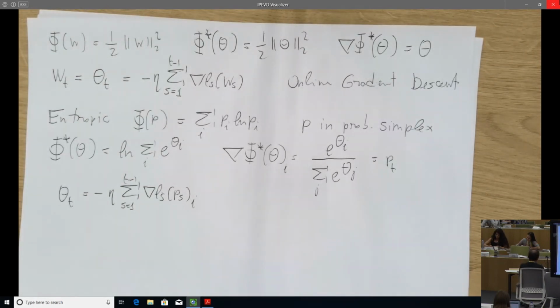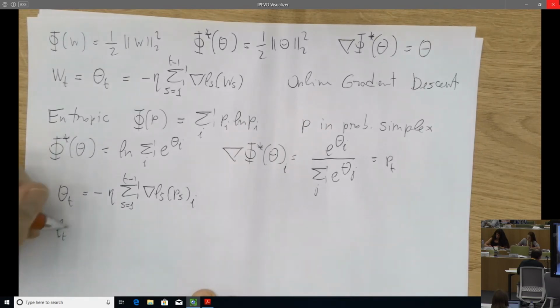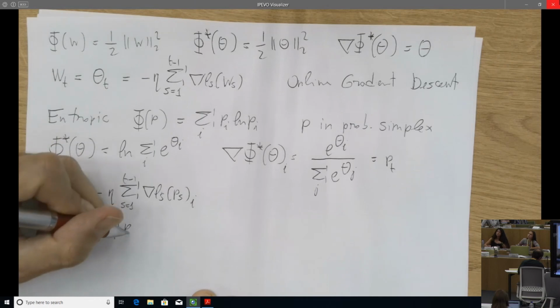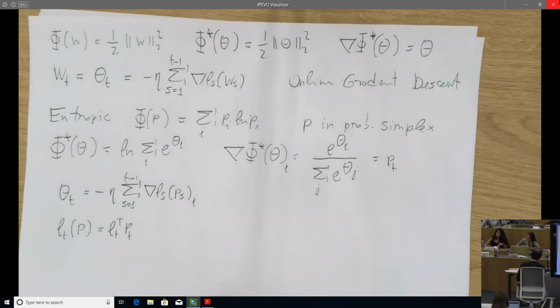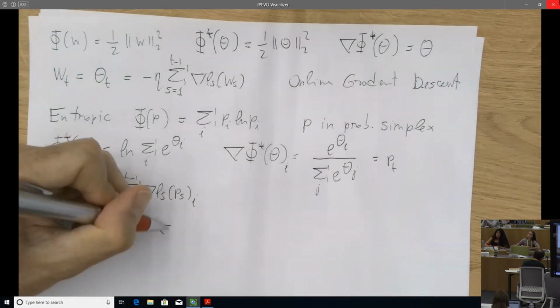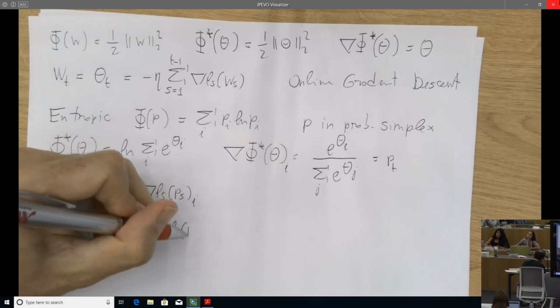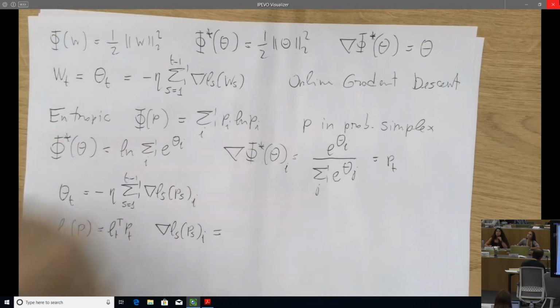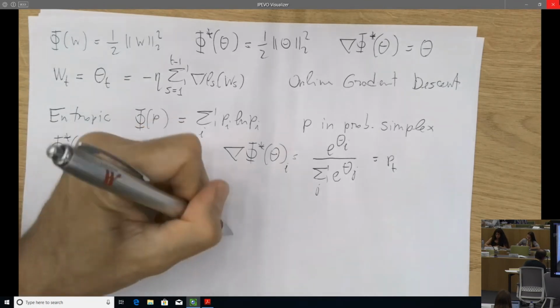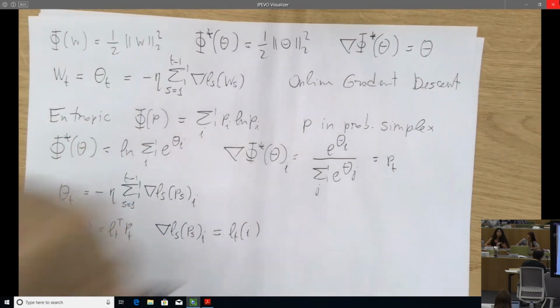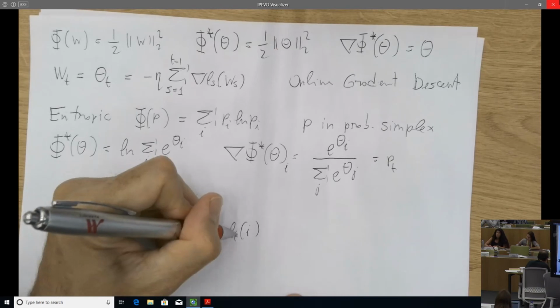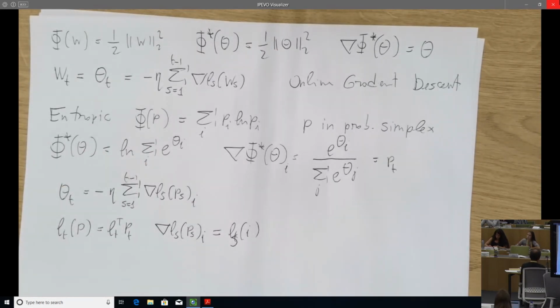So now, what happens if I actually run this thing with truly linear losses? If l_t(p) is truly a linear loss, the ith component of the gradient is going to be equal to the ith component of the loss, l_s.